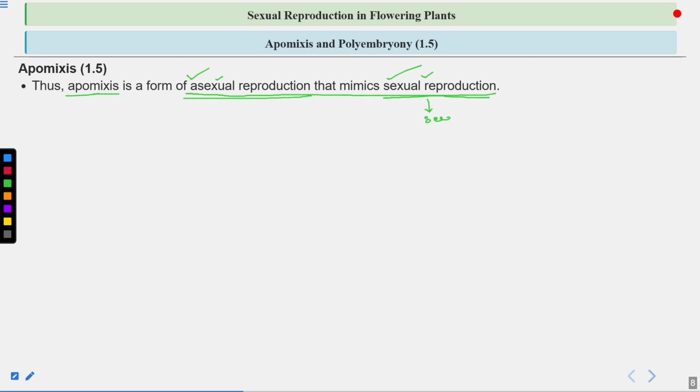Here also the seeds are formed, and in the asexual case also the seeds are formed. But here there will be no variation, and in these seeds there will be a lot of variation. This is the difference between apomixis and normal sexual reproduction, or double fertilization.